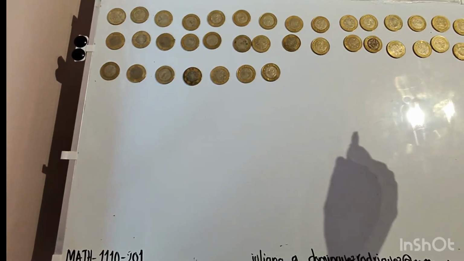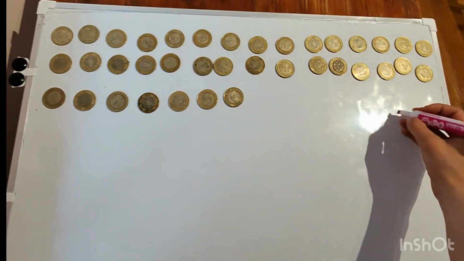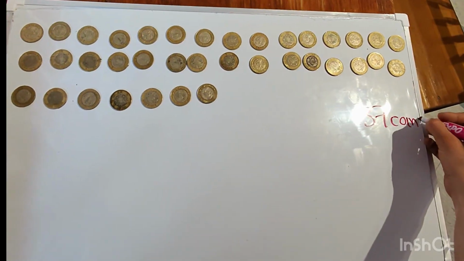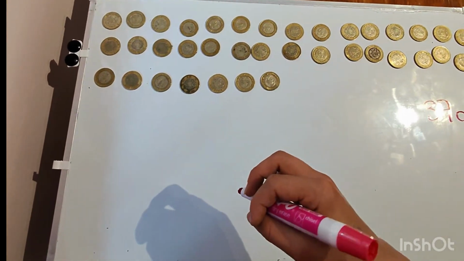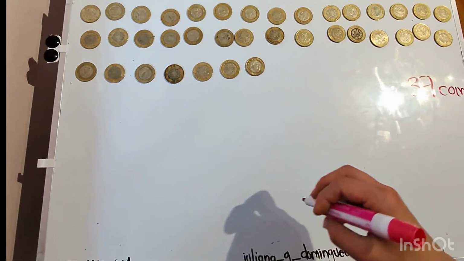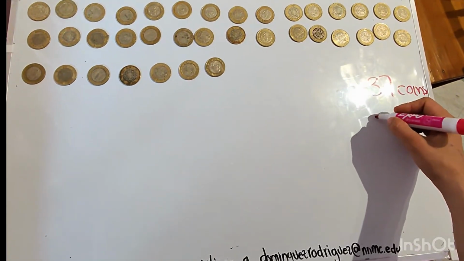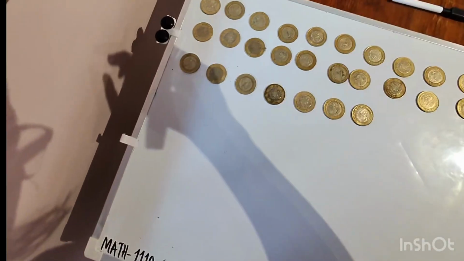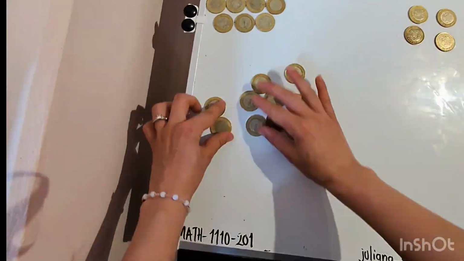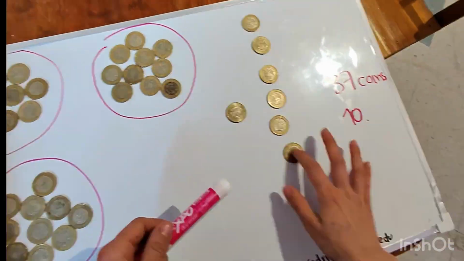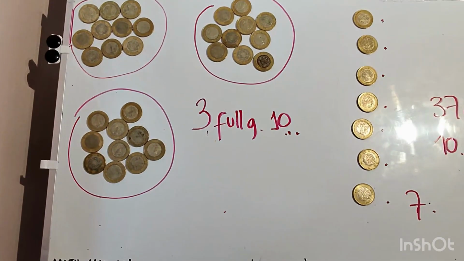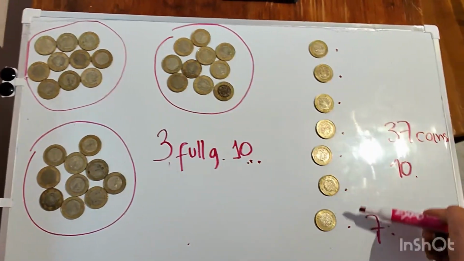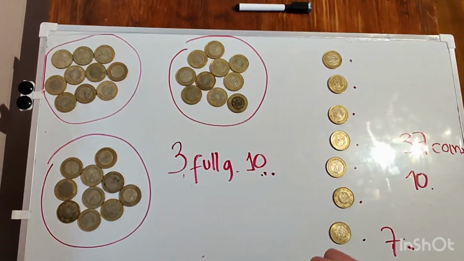For our last example, we're going to have 37 coins, and we're going to group them by 10. So let's start. As we create each group, we count by tens. 10, 20, 30, and 1, 2, 3, 4, 5, 6, 7, 7 ones.